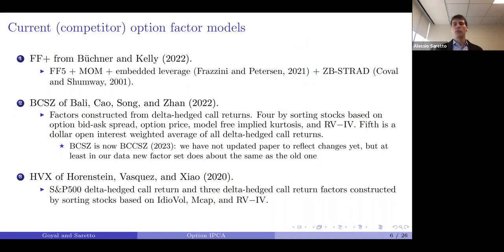We have not updated the paper yet to reflect these changes, although we have checked, and it turns out that the changes they've made impact the fit of the model only very, very little. So everything you see today is based on the old set of factors, but the new set of factors is relatively close.